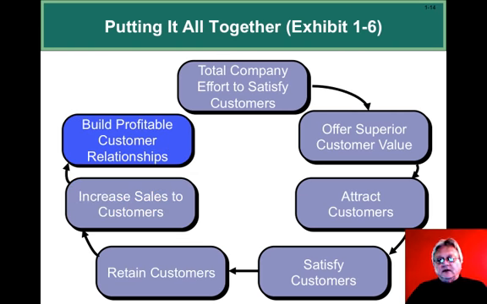The ultimate goal of all of this is to build profitable customer relationships, and that's really the end goal. When we talk about customer relationships, the text distinguishes between looking at marketing as ad hoc transactions, but more importantly, it makes sense to look at the long-term relationships that marketing develops with its customers. So in effect, that's sort of what we're talking about in this entire course.